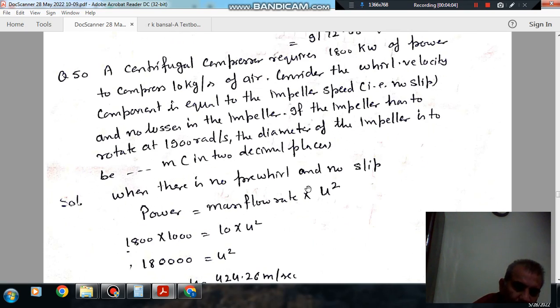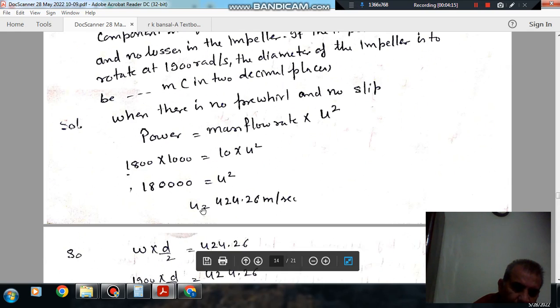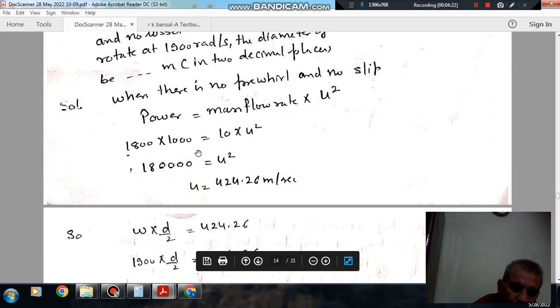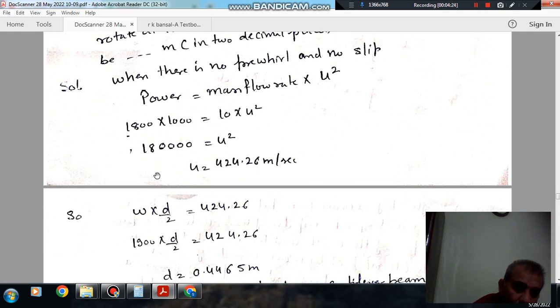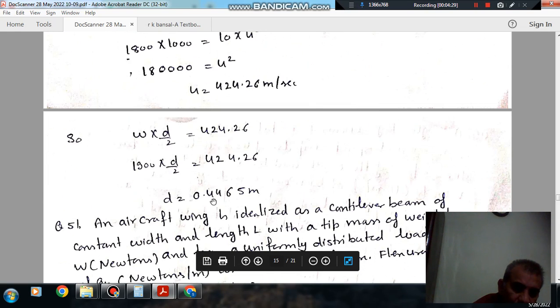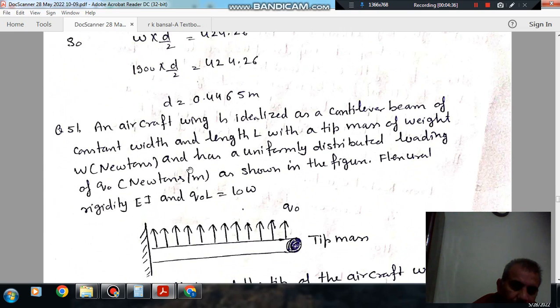So when there is no pre-whirl and no slip, power is given by mass flow rate into u square, and power is 1800 into 1000, and mass flow rate is 10, and u comes out as 424.26 meter per second. Okay, so this is the velocity of blade, and velocity of blade is given by omega into r, that is omega into d by 2. So d is your 0.4465 meter. So answer is 0.4465 meter.